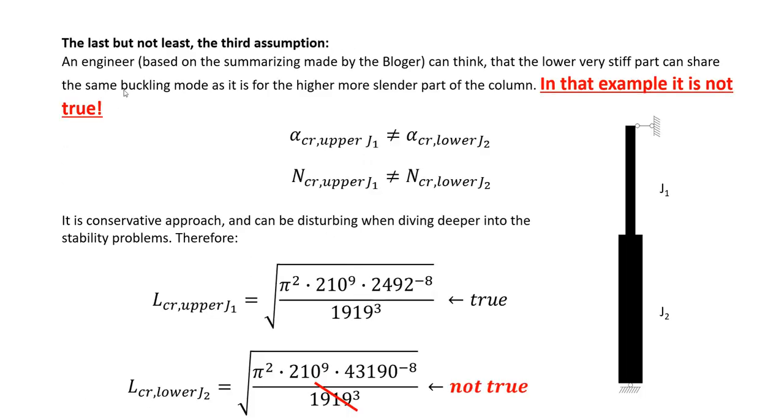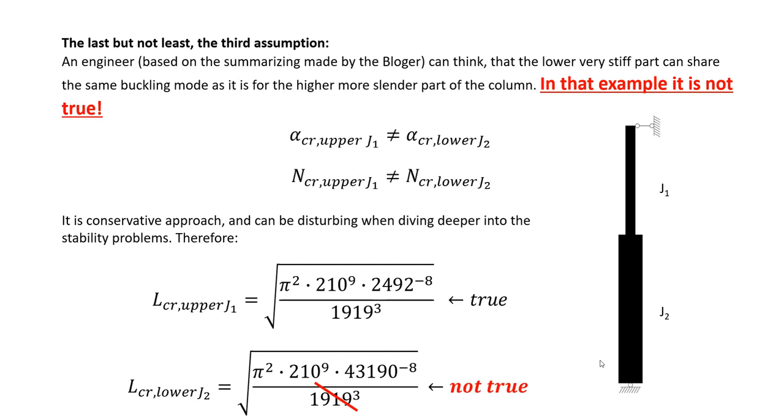Last but not least, in my opinion, is the third assumption. An engineer can think that the calculated buckling mode for the upper part of the column is relevant as well for the lower part of the column, which is not true in that example.